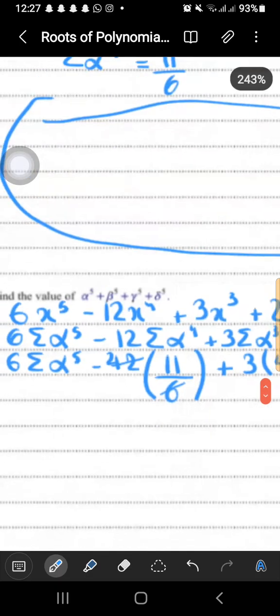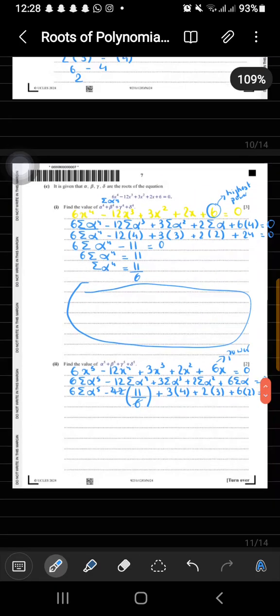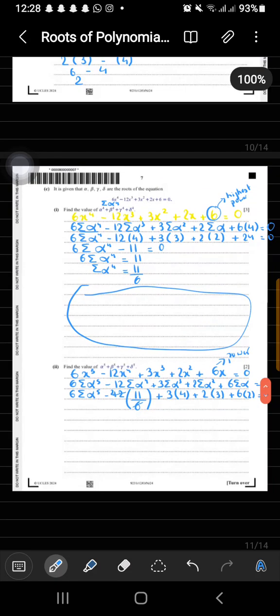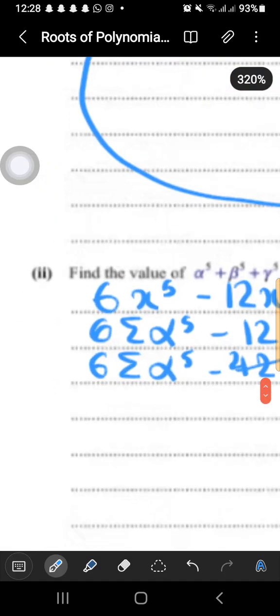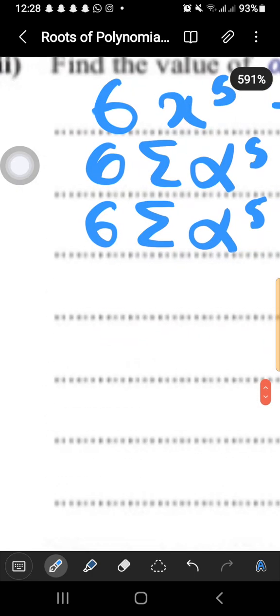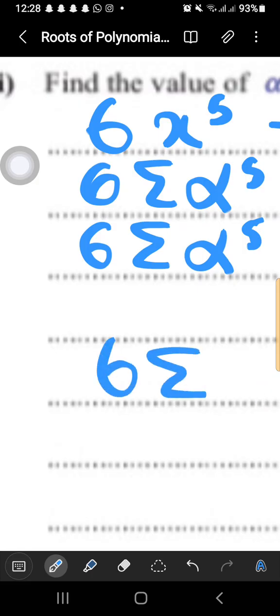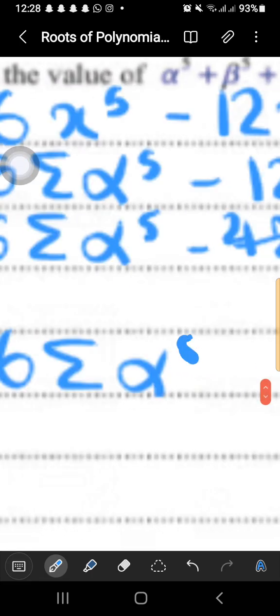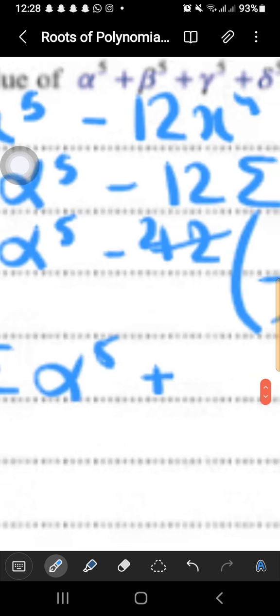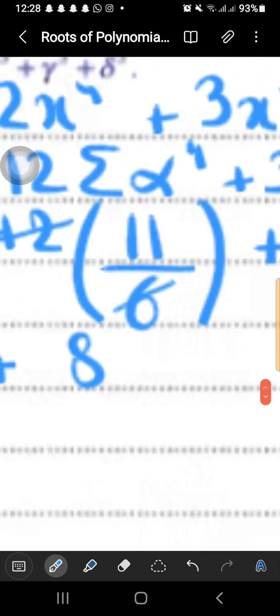Now let's solve this arithmetic with the calculator. Negative 22 plus 12 plus 6 plus 12 becomes positive 8. So 6 summation of alpha power 5 plus 8 is equal to 0.